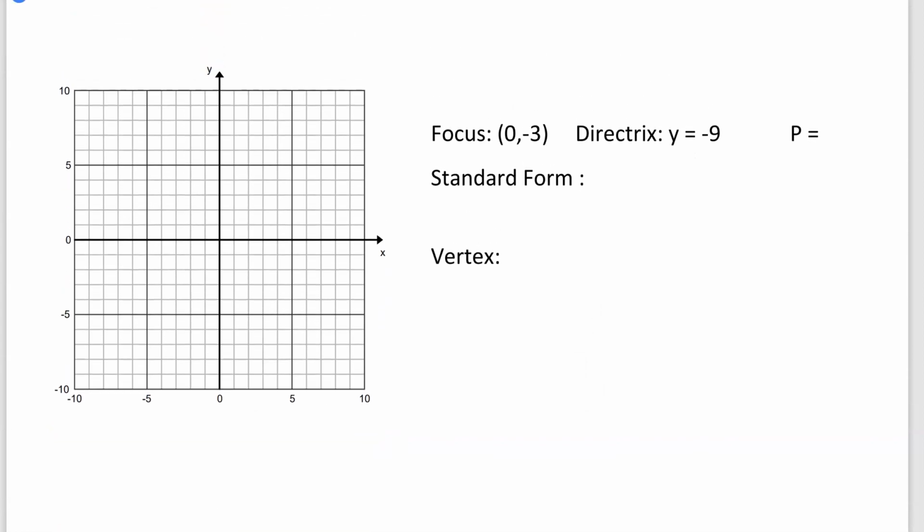Here's another one. This time, we're not told the vertex, but we're told the focus and the directrix. The focus is at (0, -3), and the directrix is y equals -9, which is down here.